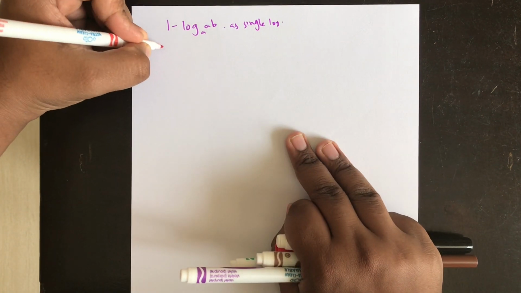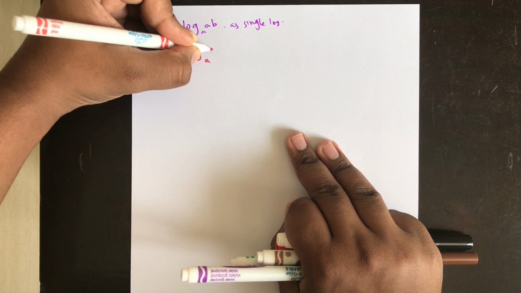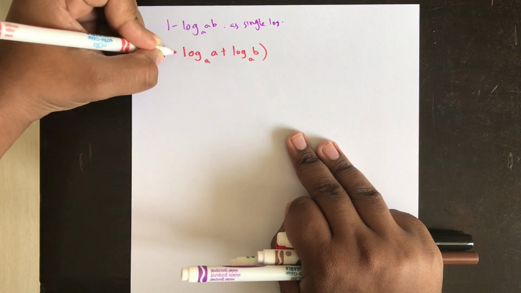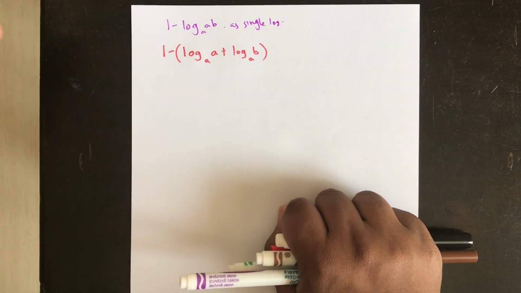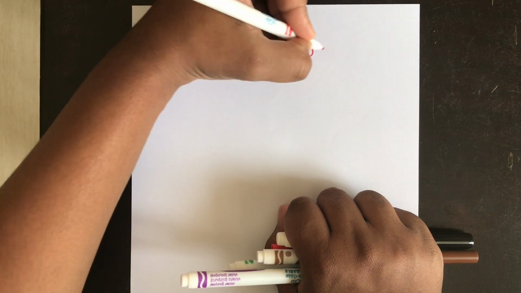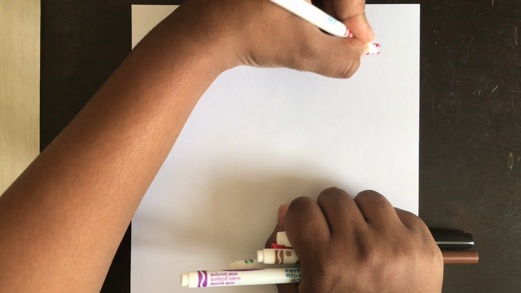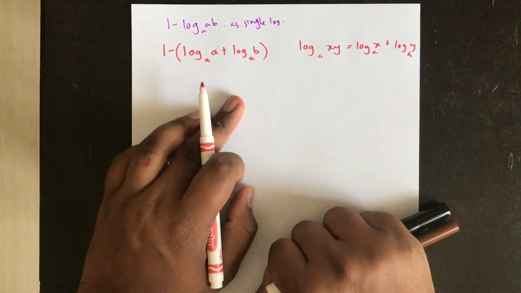So 1 minus log AB to the base A can be written as 1 minus (log A base A plus log B base A). This has been derived in a previous formula. If I have log xy base A, this is the same as log x base A plus log y base A. I'm just working backwards.